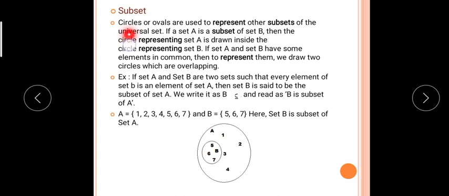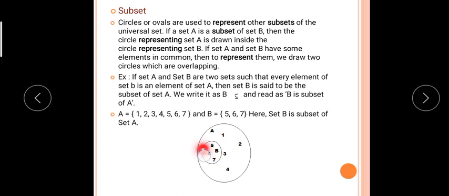Both set and subset are represented by circles or ovals. Circles or ovals are used to represent subsets of the universal set. If set A is a subset of set B, then the circle representing set A is drawn inside the circle representing set B. Look at the diagram below.